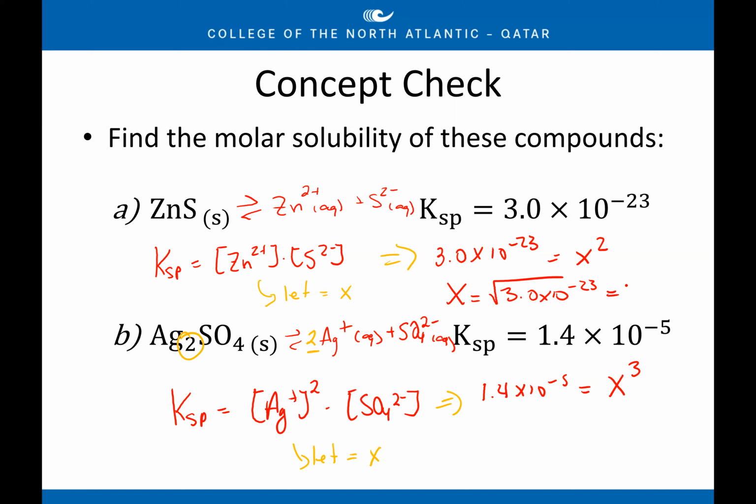Let me do this on my calculator here. So I get for my first one 5.5 times 10 to the minus 12. And for the bottom one, it would be the cube root of this number.